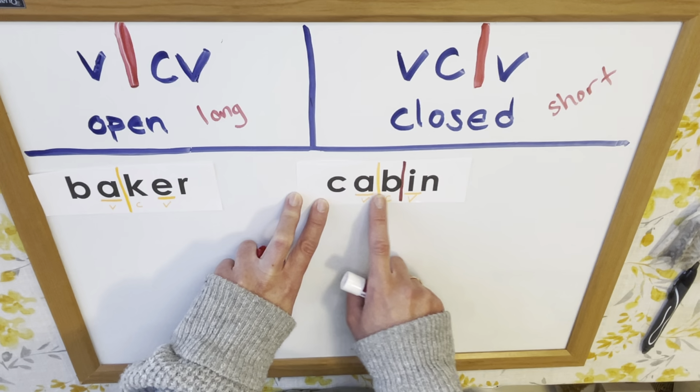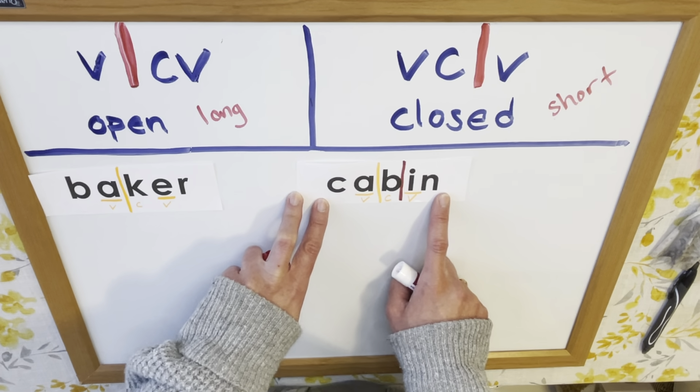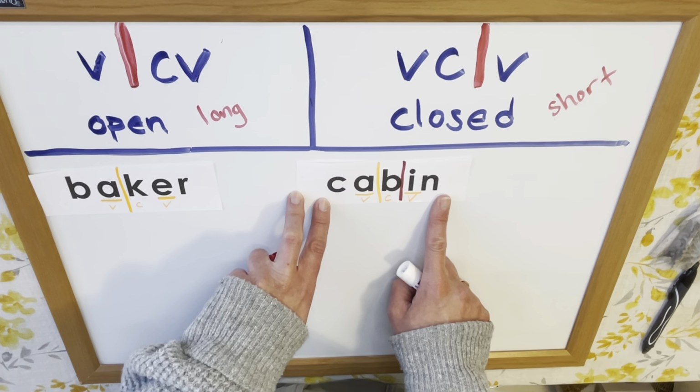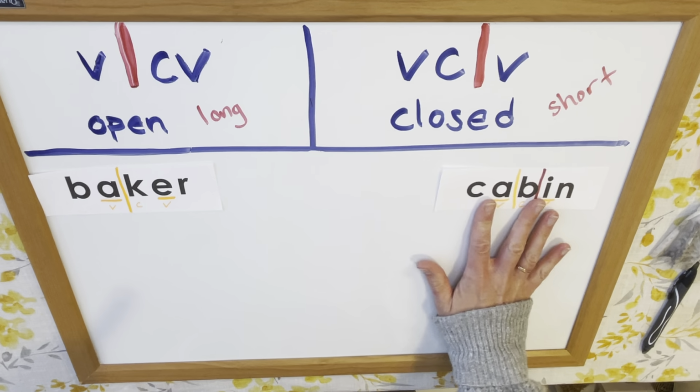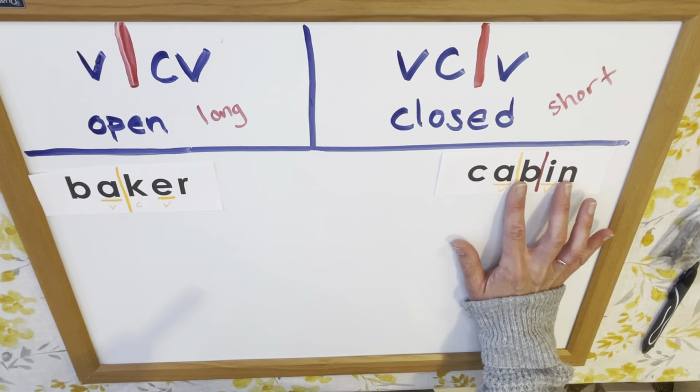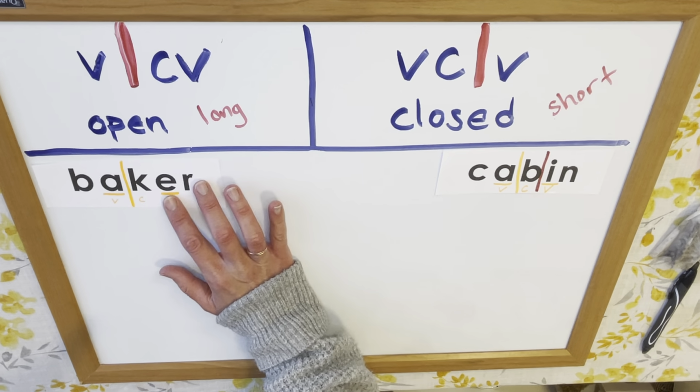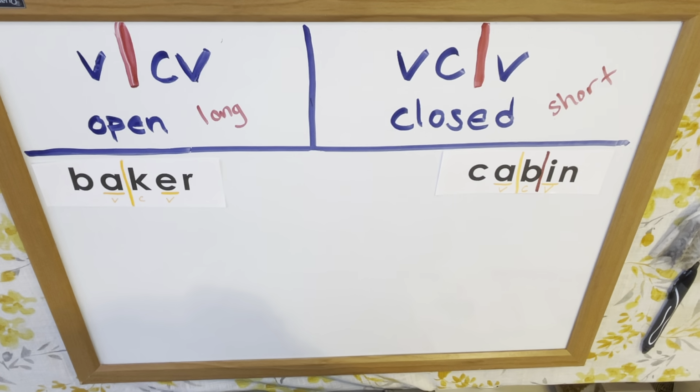Cab, cabin, cabin. That sounds much better. Cabin, that is a word that I know. So that's going to go in this column. So again, if you're having a hard time reading a bigger word, you have to try both ways, okay?